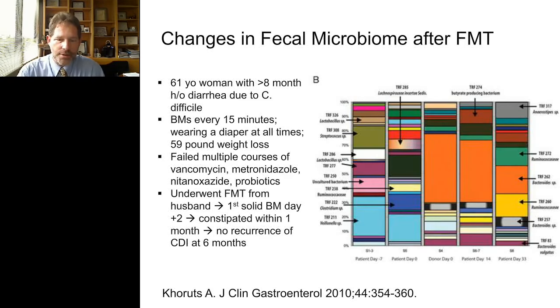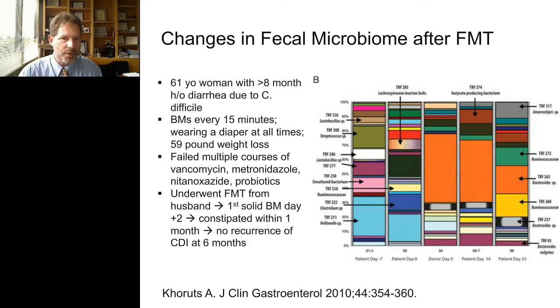I'm showing you this paper because I think it's an example of the often really dramatic response you see to FMT, and also the really sad stories that you hear if you're an ID clinician in practice, as I am, with patients who have recurrent C. diff.